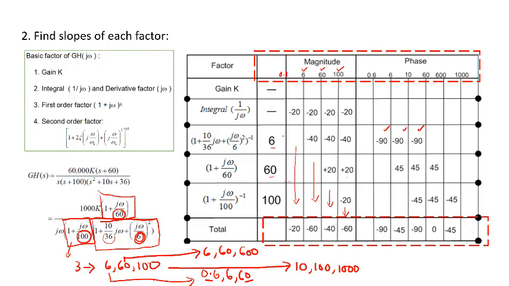Then for 60, it will start from 6 to 600, and finally for the factor of this one, it will start from 10 to 1000, and you can sum or total all the phase, so you will get this result. Okay, so this total we will use to plot in the Bode plot.